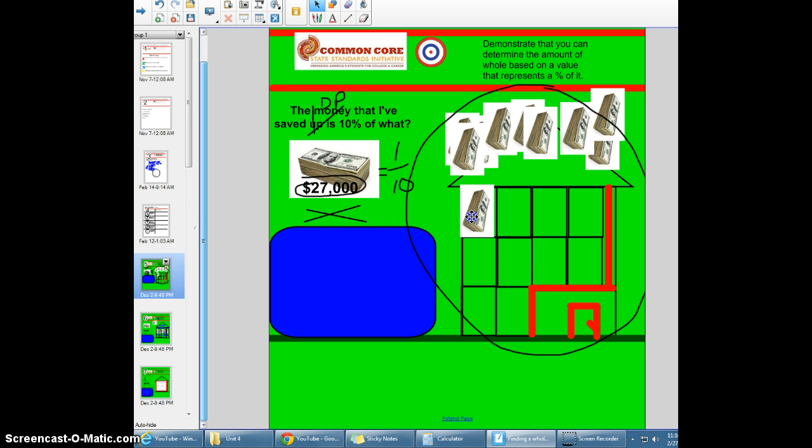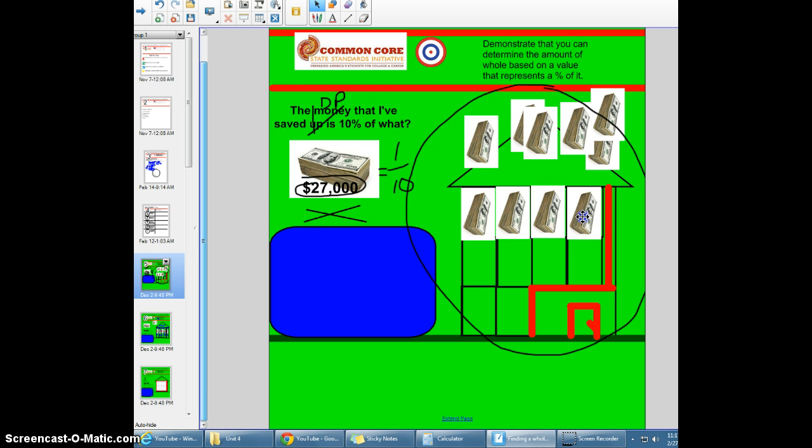This, boys and girls, is $27,000. That's another $27,000. This is 1/10 and 2/10. I'm going to add another 10th. This is 3/10. And this represents $27,000, another $27,000, and another $27,000. This is going to represent another $27,000.